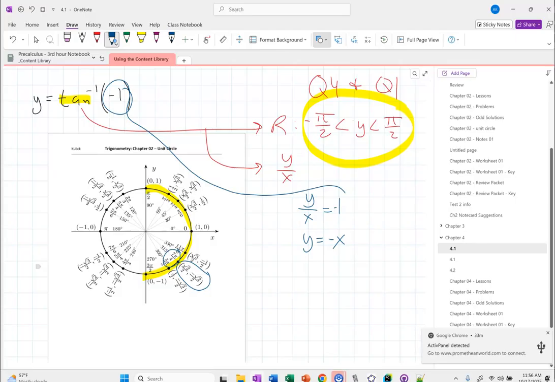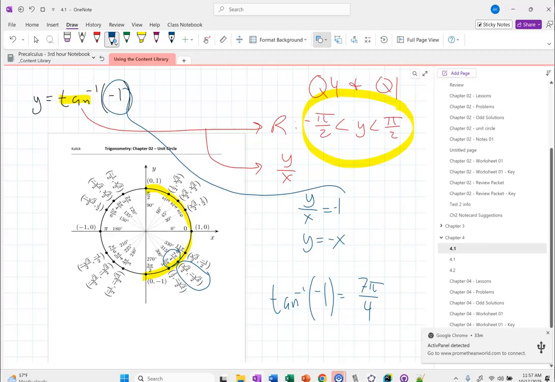If it was positive one, would it be the same sign? Yes. So we would say then tan inverse of -1 is equal to 7 pi over 4. Does that fit inside of our range?